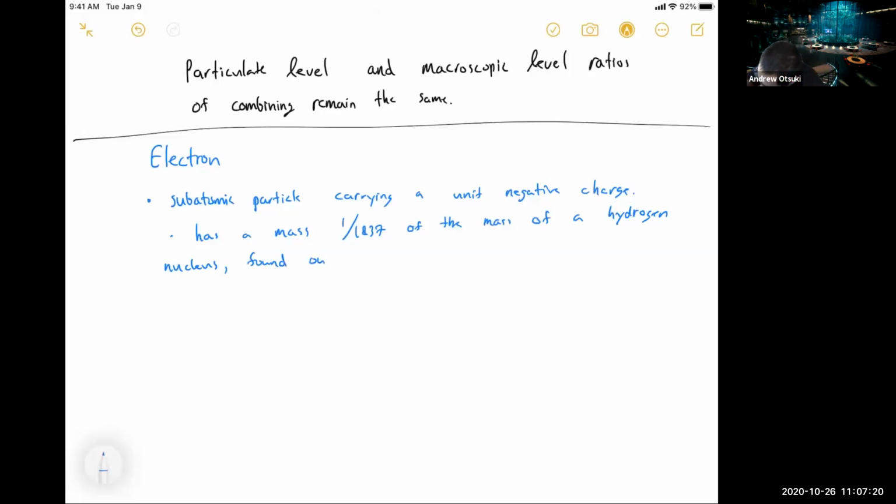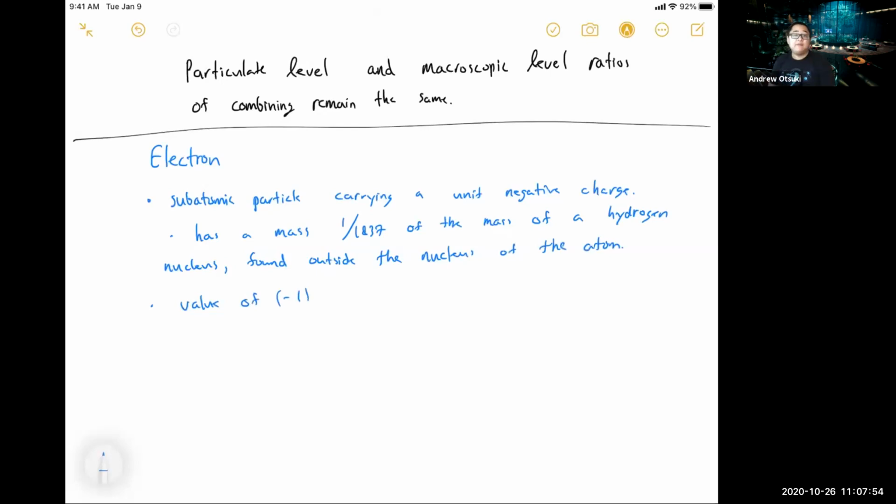It's found outside the nucleus of the atom. And that explains why it can combine with other particles, because there are electrons nearby that can interact with the electrons of the other atom. So it has a value of -1.